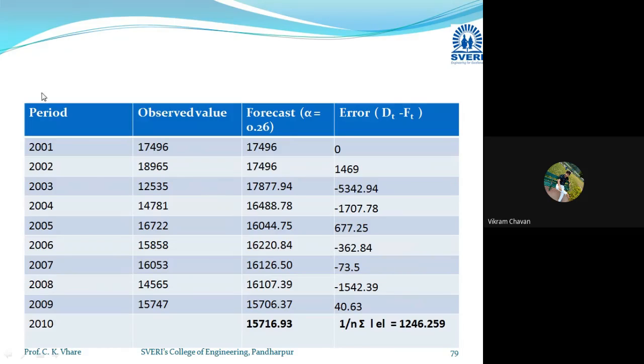So in this case also we are considering 17,496 as the initial demand, and the same value for the forecasted demand for that particular year. The same value minus the same value is equal to 0, so the error is 0.